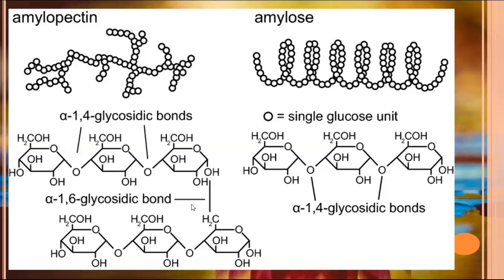Haworth proposed a laminated structure of amylopectin. Meyer proposed a randomly highly branched structure. Amylopectin gives a purple color with iodine. So these are the major components of starch.